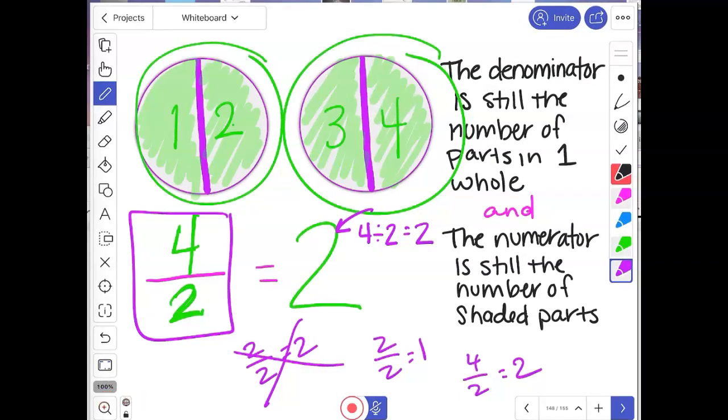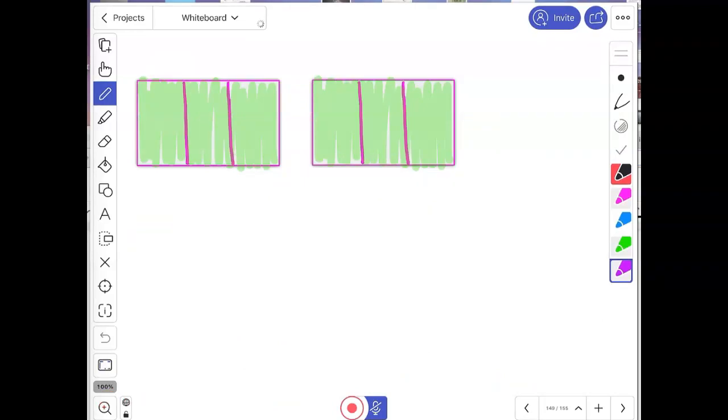Let's look some more. Here I have, we'll call it cakes, 2 cakes. Each of my cakes is broken into thirds. My denominator represents the number of pieces in one whole. 1, 2, 3.